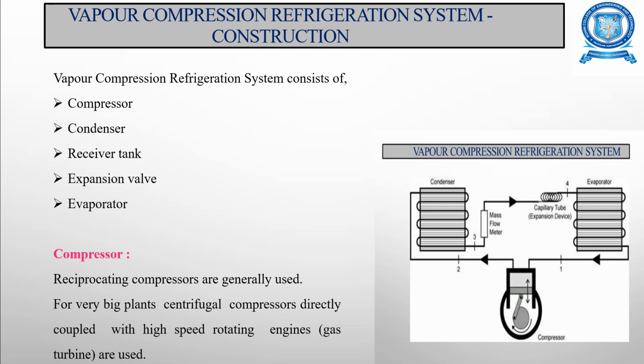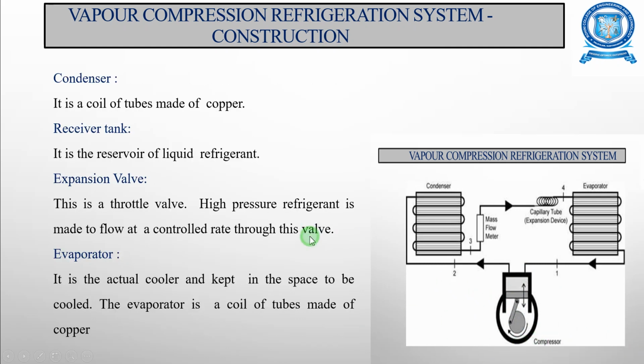For very big plants, a centrifugal compressor directly coupled with high-speed rotating engines, that is, gas turbines, is also used here. And next is the condenser. Here in the condenser unit, you can see a coil of tubes made of copper. And next is the receiver tank.